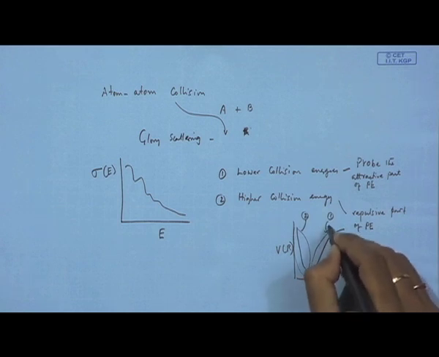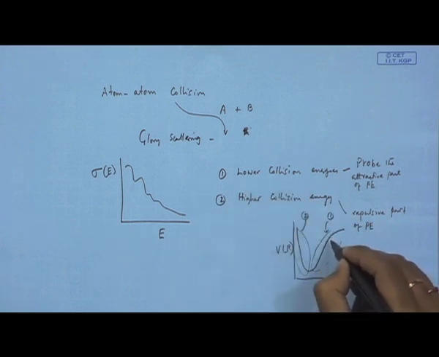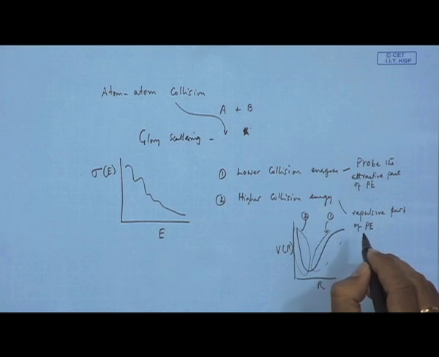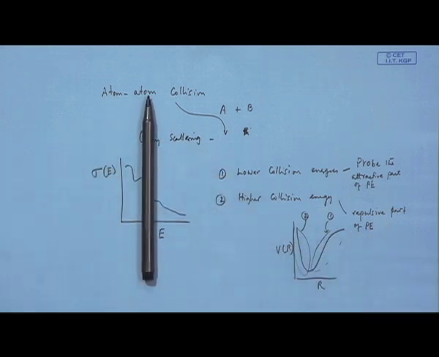So, this means lower collision energy we can probe into this part. Using glory scattering, glory oscillations, we can probe into the attractive part and repulsive part of the potential energy surface.